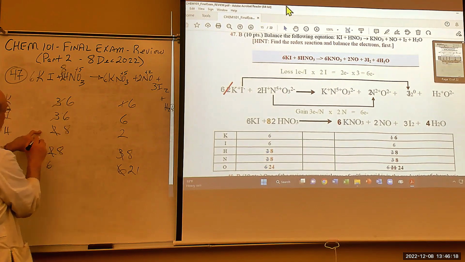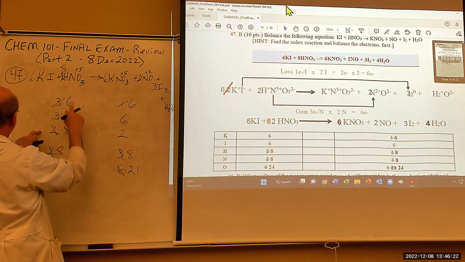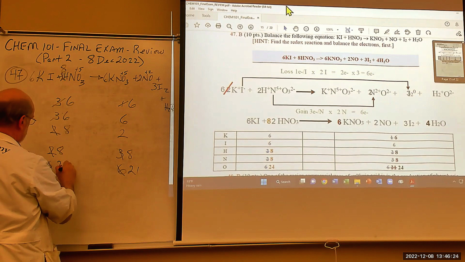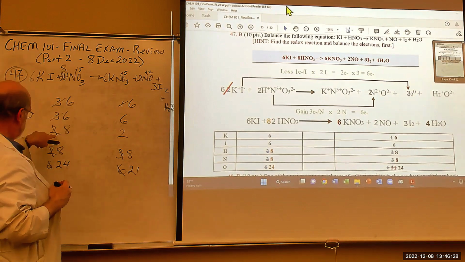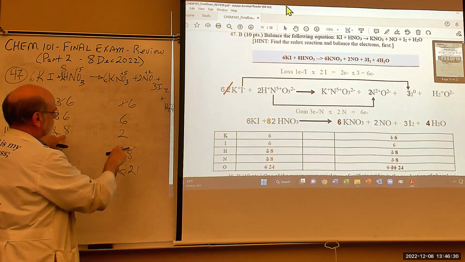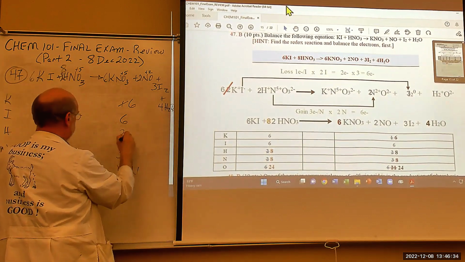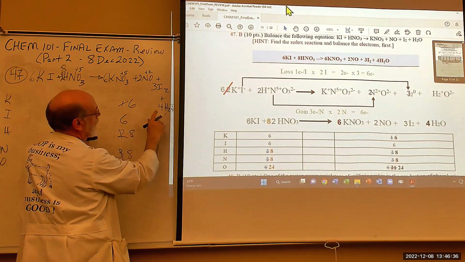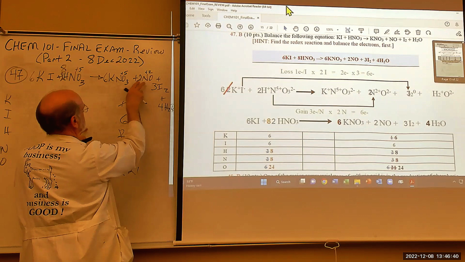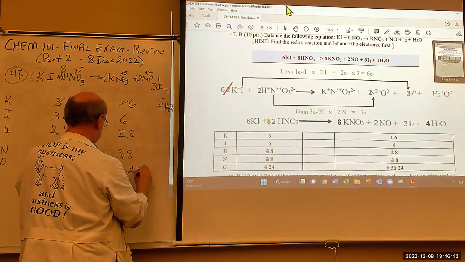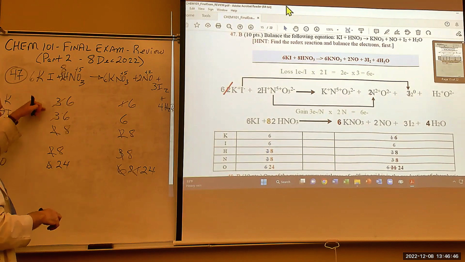Yeah. 8 hydrogens, and 3 times 8 is 24 oxygens. Okay, so 6, 6 hydrogens. What if we need 8 hydrogens? Would be 4 here, so that would make 8 there. That changes the oxygens. So we have 4 plus 2 is 6 plus 18 is 24. 24, 8, 8, 6, and 6.